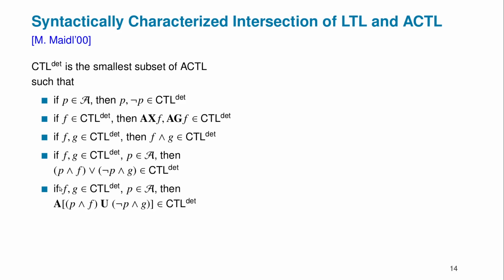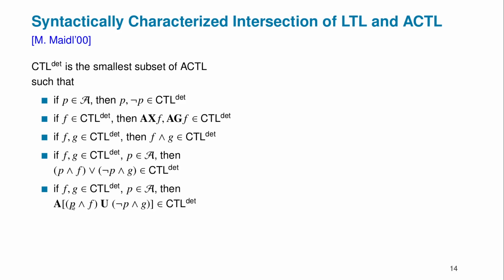And a similar idea we have for the until operator. If F and G are CTL det formulas and P is an atomic formula, then A, P and F until not P and G is in CTL det. Yeah, so we guard F and we guard G by P and not P. Note that we could also switch the negation symbol, so we could also have not P on the left hand side and P on the right hand side. That doesn't matter.